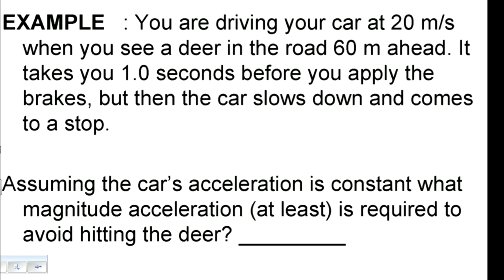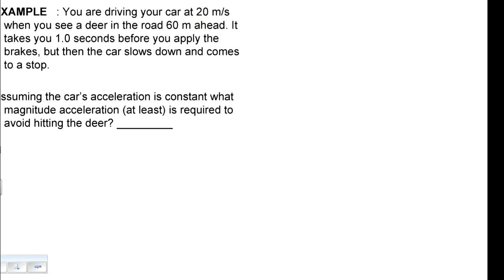So since the situation has 2 parts, our motion diagram should have 2 parts. So you've been traveling at 20 meters per second. And 60 meters away, so we can set this to 0.